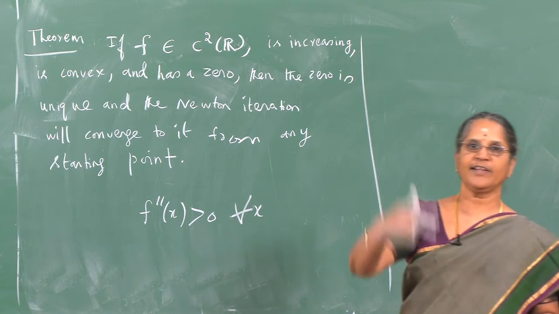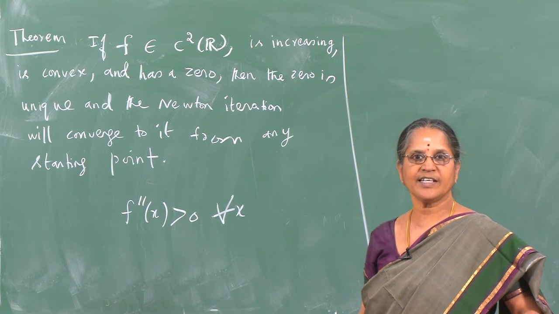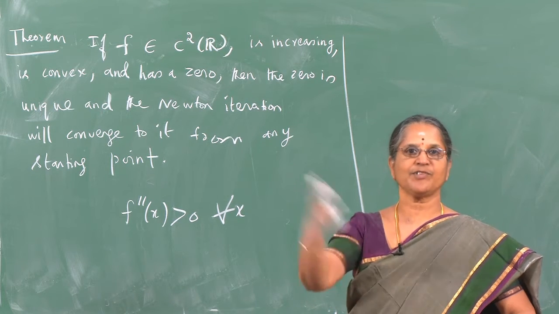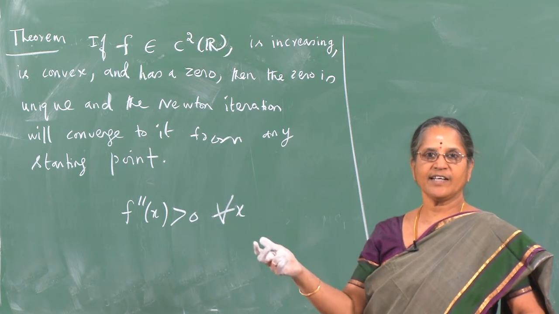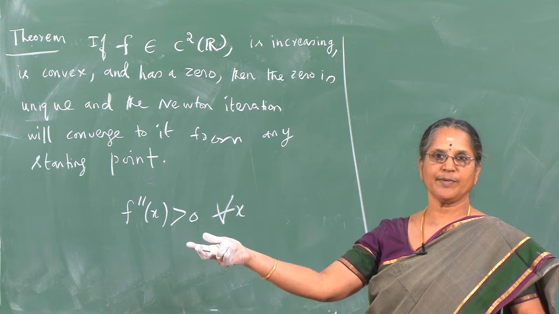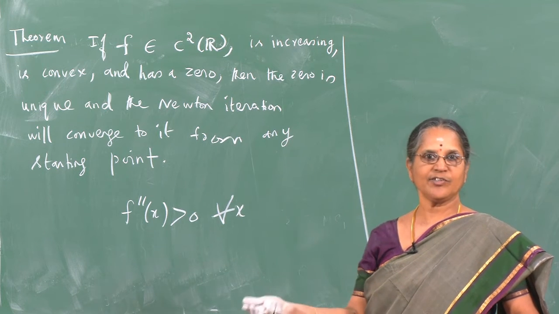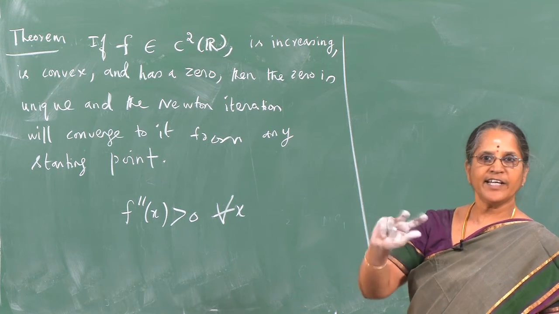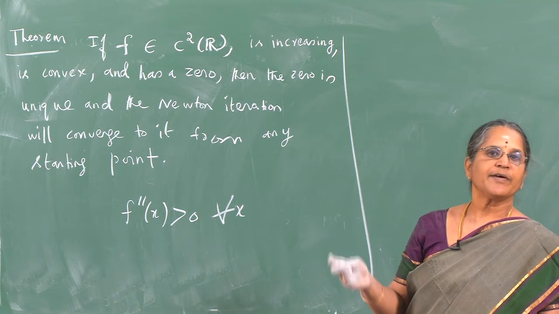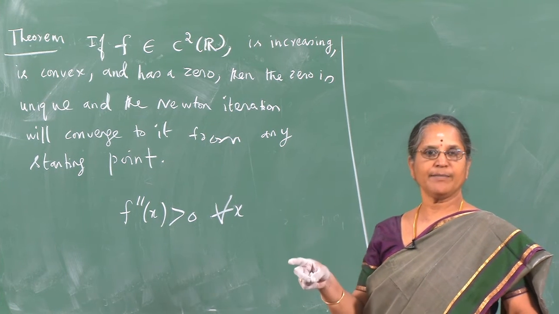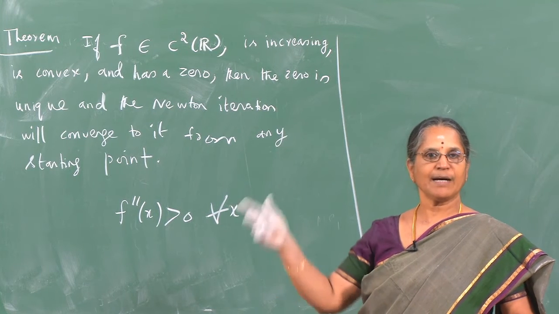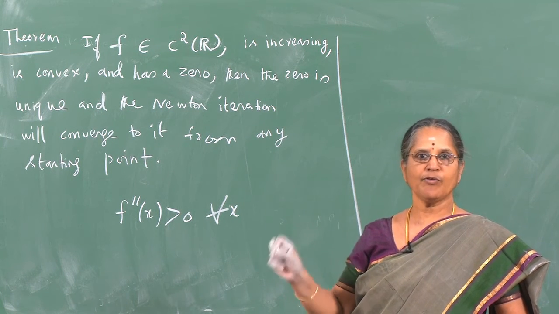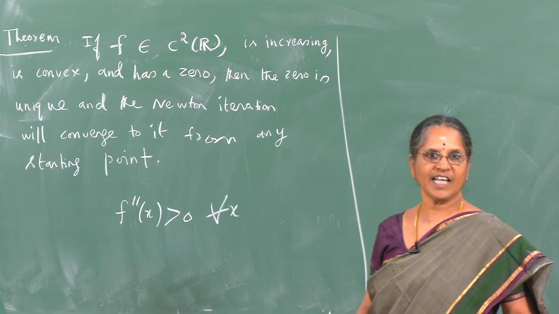I again recall the example that we had considered. That example demonstrated that there are functions with some shape such that when you start with some initial approximation, the successive iterates that you generate by Newton-Raphson method diverged, they did not converge. So, when you apply Newton-Raphson method and you want to start with some initial approximation, you should also know about what the shape of the function f is.